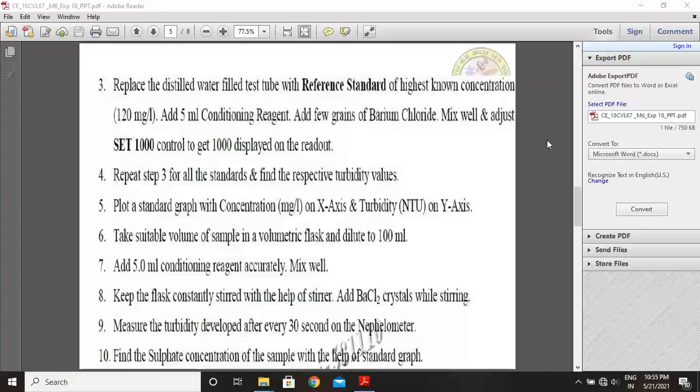Add barium chloride crystals while stirring. Measure the turbidity developed after every 30 seconds on the nephelometer. Then find the sulfate concentration of the sample with the help of the standard graph.